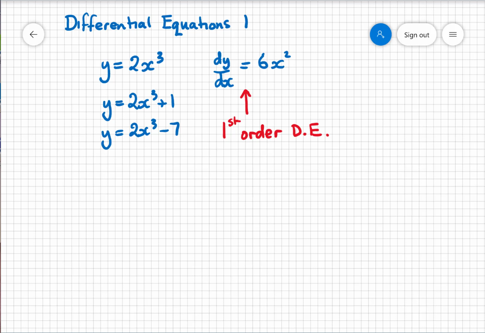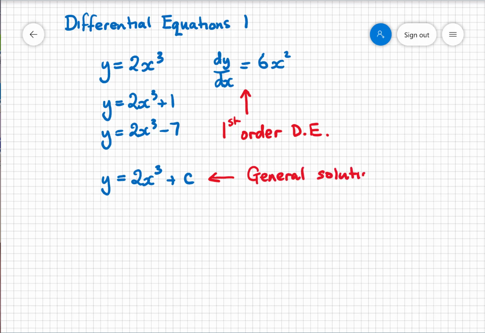And it looks as though any equation that begins y equals 2x cubed and then has a number either added or subtracted, plus c in general, would be the solution to the differential equation dy by dx is equal to 6x squared. And that last one that I've written we call the general solution.